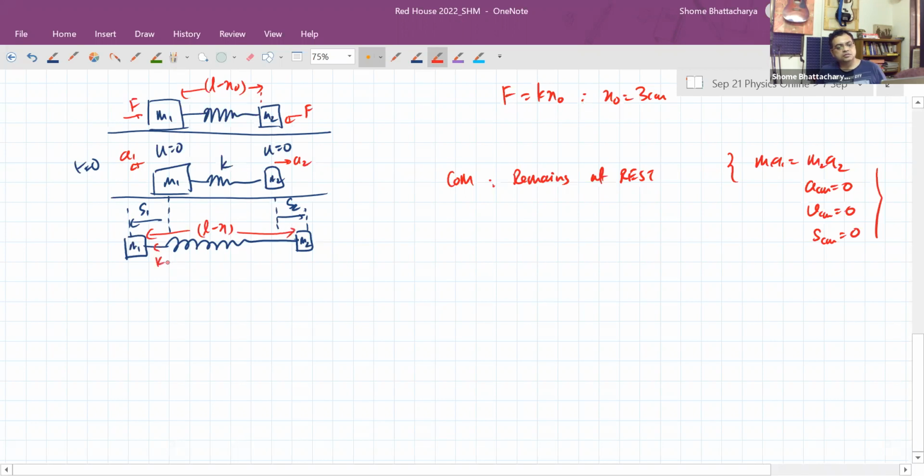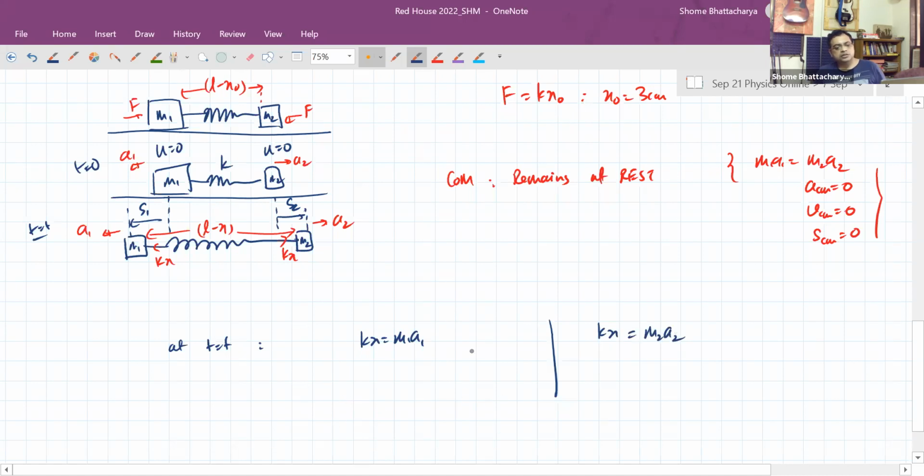So there is a kx force acting like this on m1, and on m2. This is the instant t equal to t. So at time t, if you look at the block m1, the equation for it is kx is equal to m1 a1. If you look at the block m2, kx is equal to m2 a2.